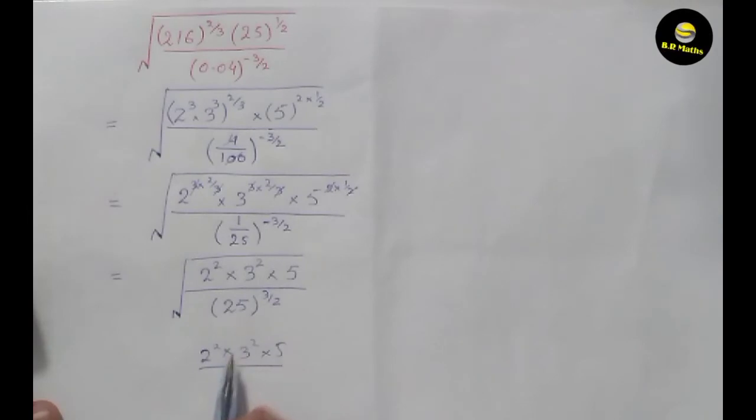The numerator remains the same and in the denominator it becomes 5 square, and the power is 3 by 2.